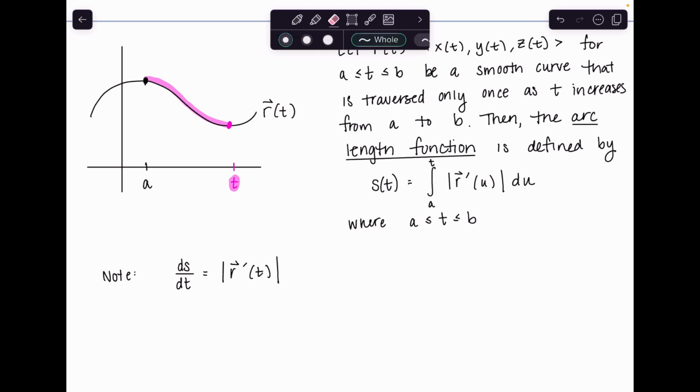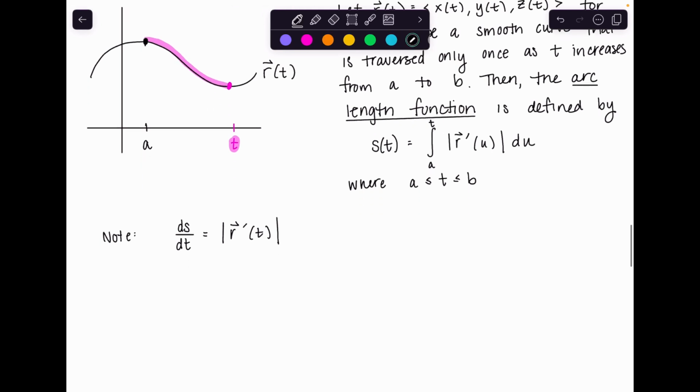Okay. So if you remember, this is Leibniz notation, but it's representing a bunch of differentials. So what we can actually say is we will use the notation, real crooked, sorry, that the change with respect to arc length is equal to the magnitude of r prime of t with that change in respect to t.